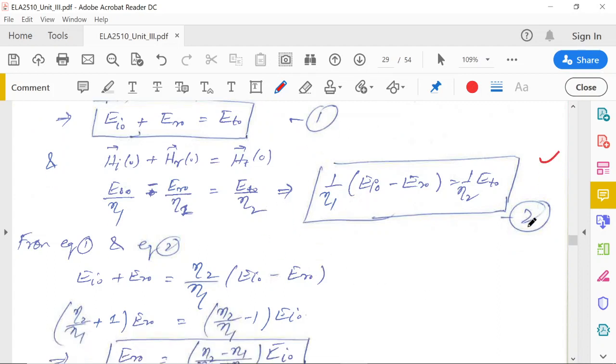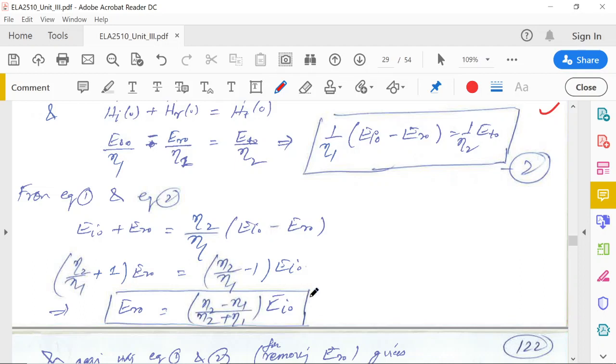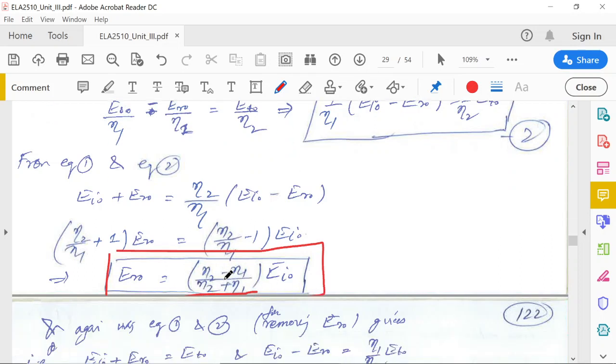Using equation 1 and equation 2, we finally get that the reflected portion of the wave is equal to (eta 2 minus eta 1) over (eta 2 plus eta 1) times EI0.